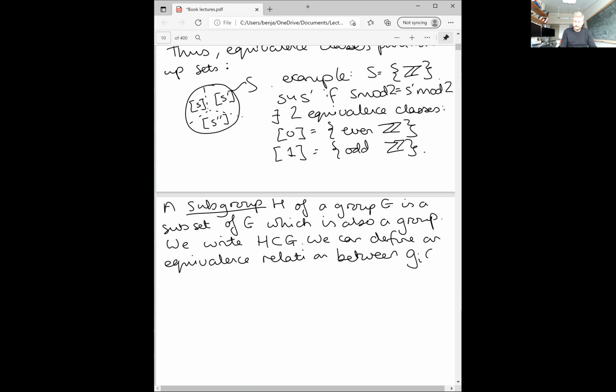So let's take an element g_i and one g_j. And we say that there is this equivalence relation between them if and only if g_i is related to g_j by an element h, for some element little h in the subgroup. So that defines an equivalence class. Each equivalence class defined in this manner is called a coset.